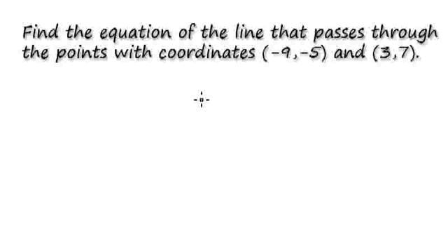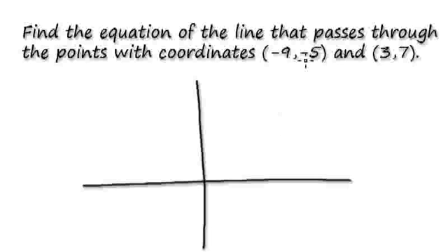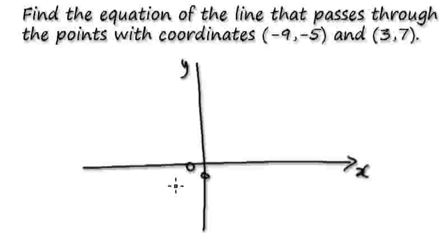In order to do it, let's just sketch it roughly. This is 0, 0, this is x, this is y. Now sketch it roughly: -9 is a long way down here, and -5 I'm going to guess somewhere around here.